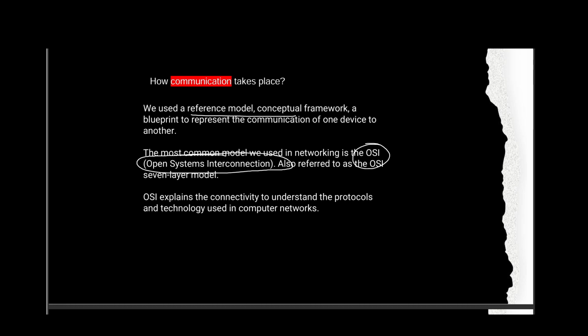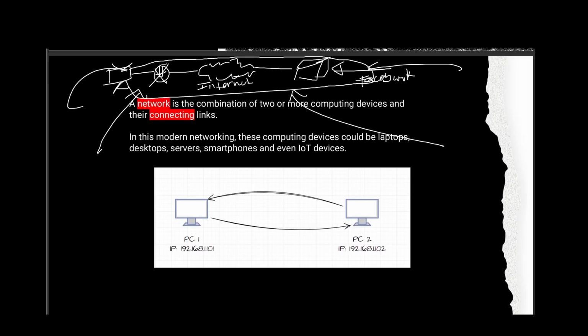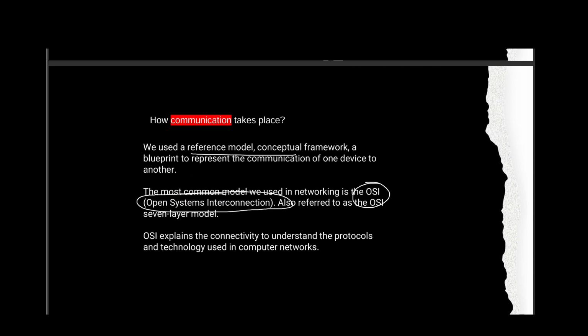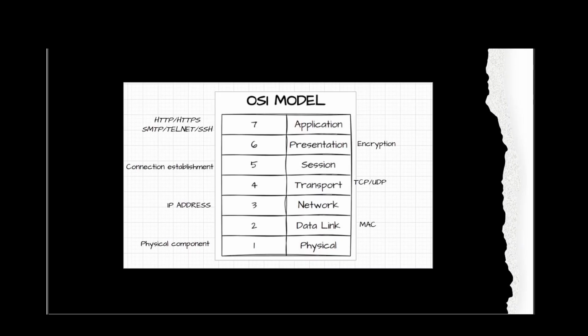It's just the step by step procedure on how we can explain the connectivity from, let's say for this one, your computer going to a server. So what's an OSI model? Even if you're just browsing on the internet, the OSI model consists of 7 layers. This is always asked even in technical interviews.